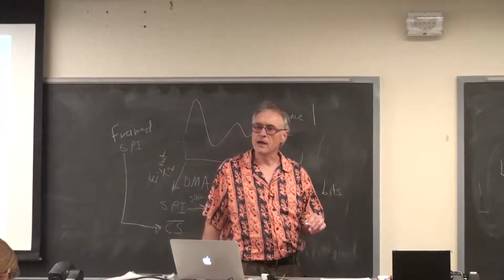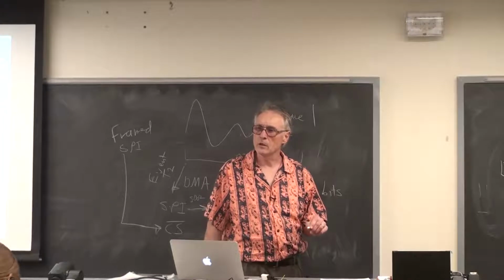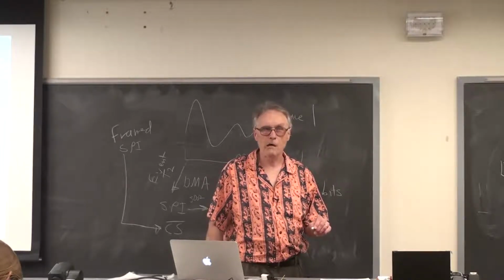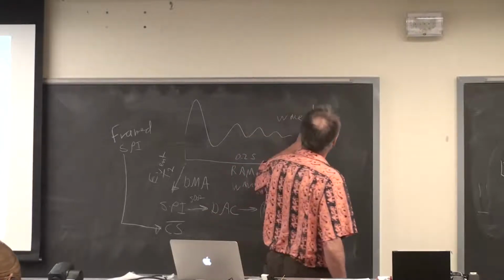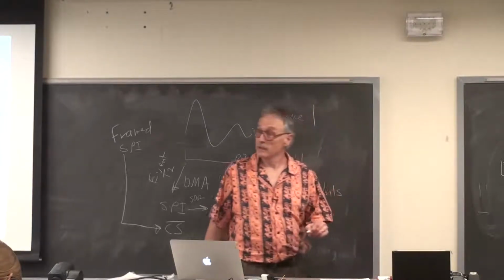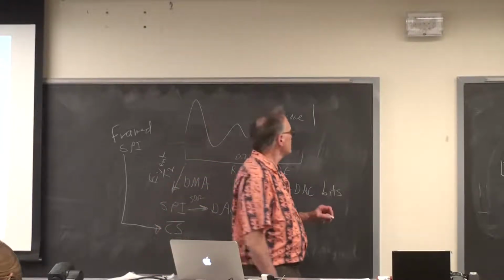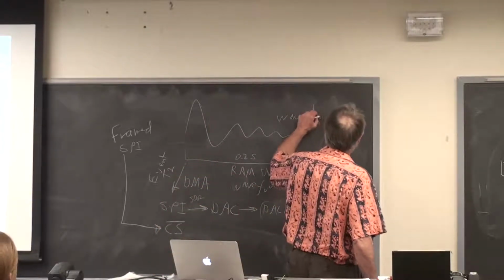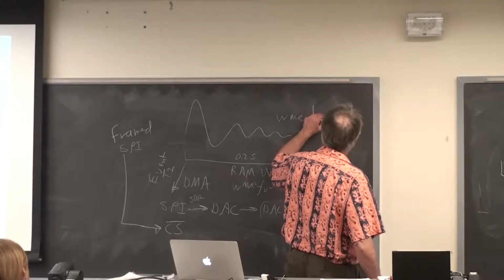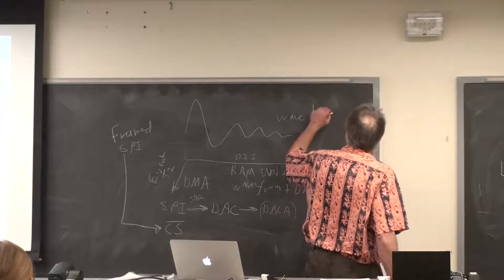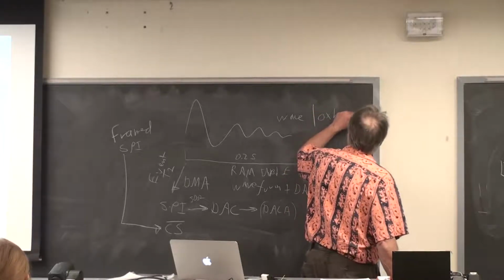The DAC-A top 4 bits, 1011? Or is it 0011? Depends on which channel you're using. Exactly. I can't remember which one's which right now. I think it's 1011. So we're going to OR this with 0xB000.